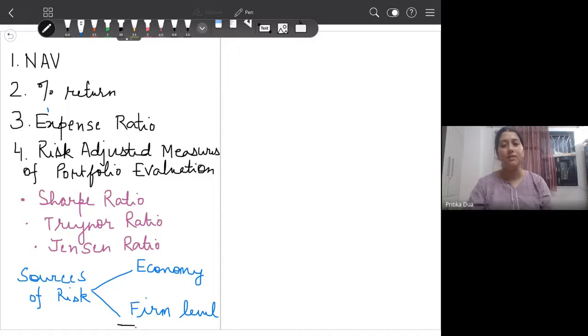So environmental factor, now there might be some change in the policy with regards to the pollution related activities of a firm.